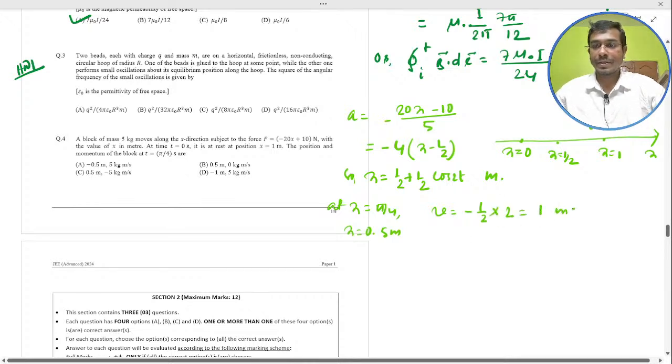This is 1 meter per second. And the momentum P equal to mv. That means minus 5 kg meter per second. So correct option is C.